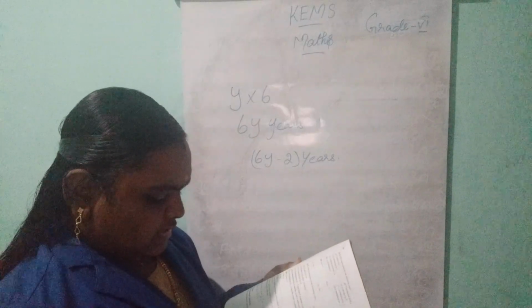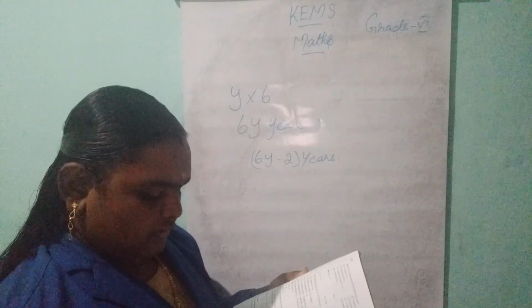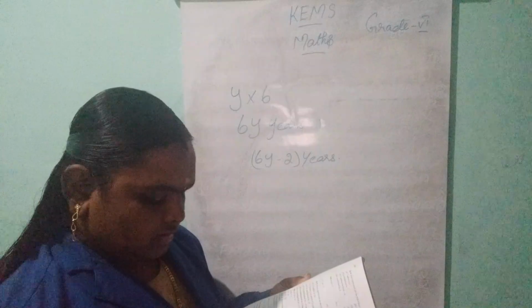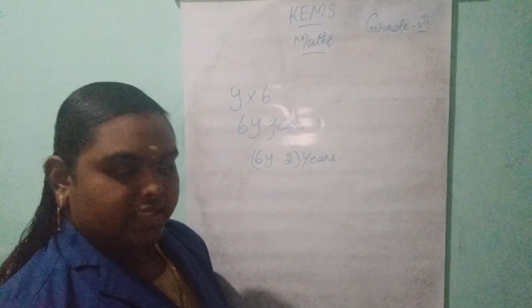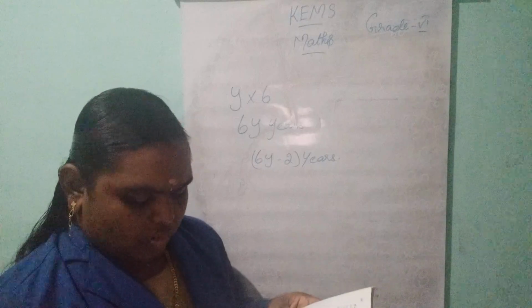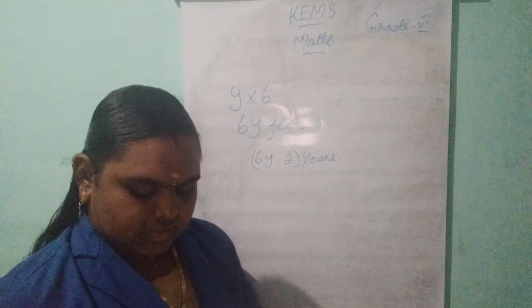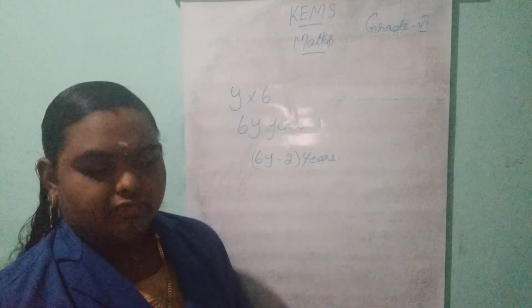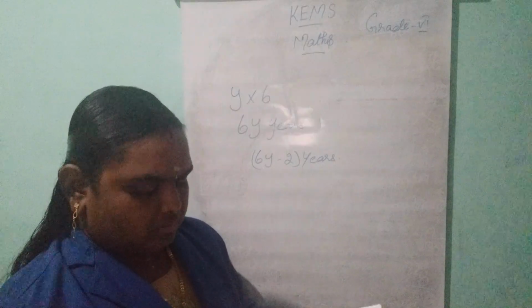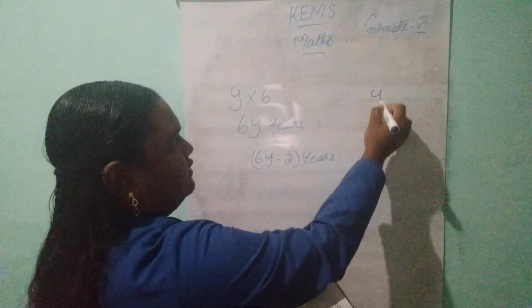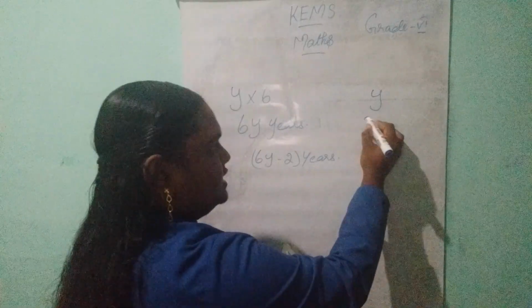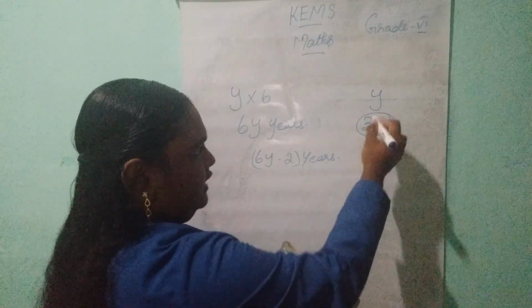Next one: Sarida's father's age is 5 years more than 3 times Sarida's age. What is her father's age? Sarida's age is Y, so 3 times her age means 3Y.